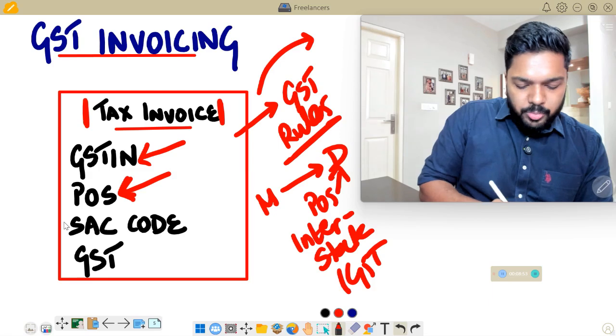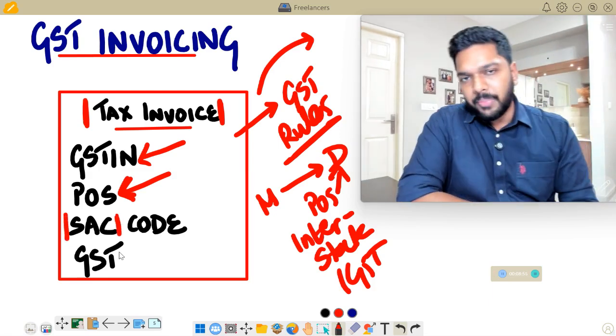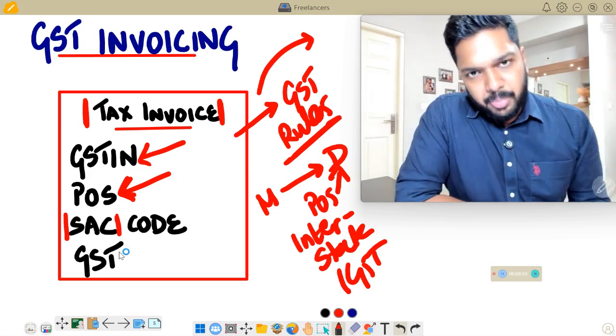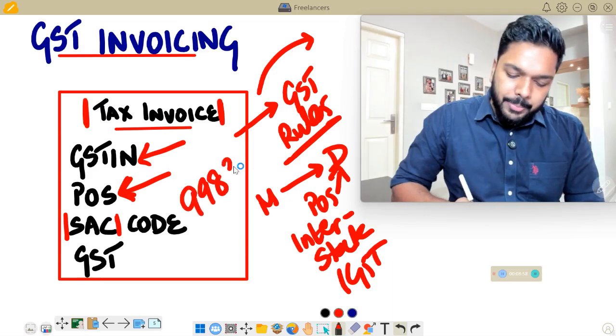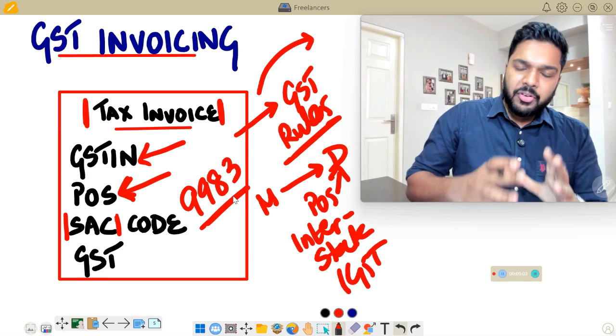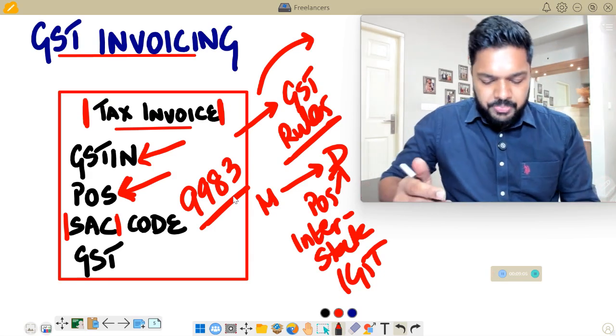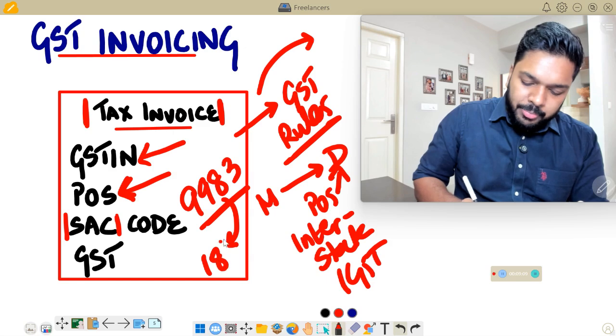Along with that, you also need to mention something that people ignore, which is the SAC, Service Accounting Code. Now, this is again prescribed by the GST department, where you have codes for goods as well as services. For example, 9983. These codes come in 4 digits or 6 digits. 9983, for example, is for information technology services. So you put the code and the rate attached to this code is, let's say, 18%.